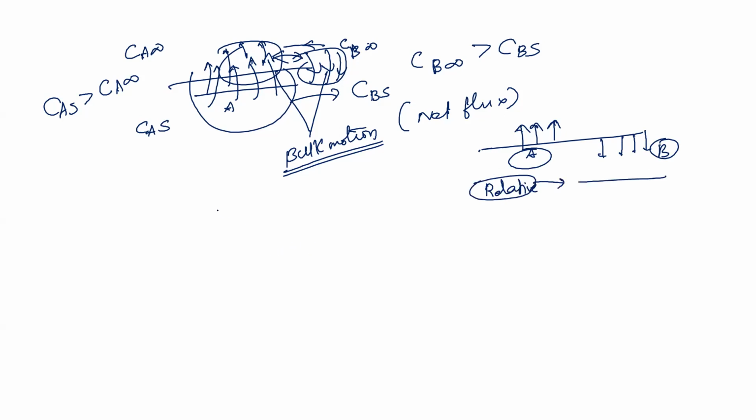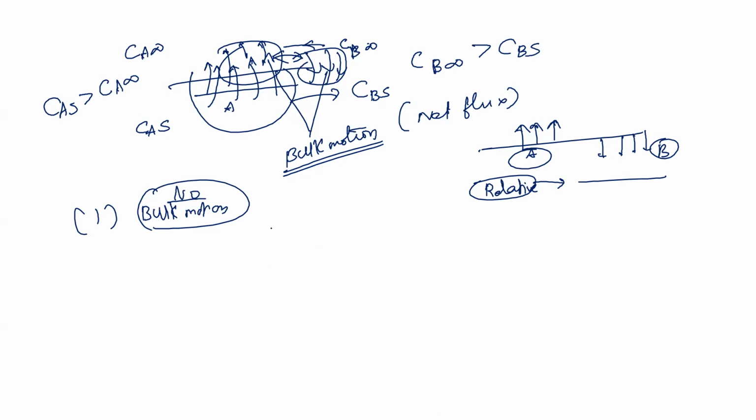Currently, in this first part, we are not considering the bulk motion. Can we assume like that? Yes, in some cases when the concentration difference is very small, we can assume like that.